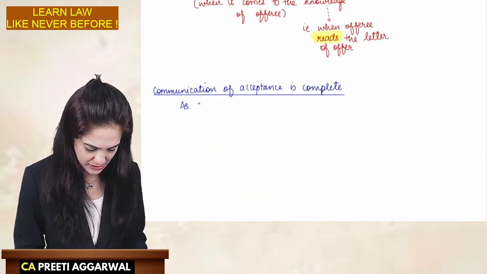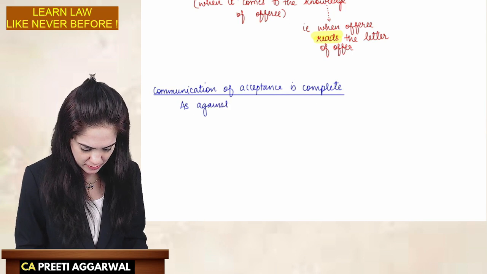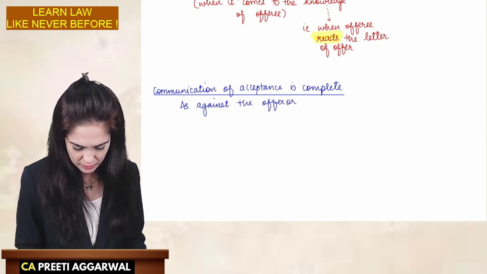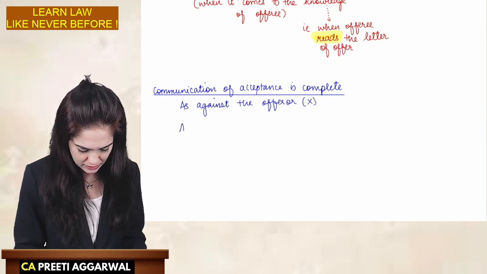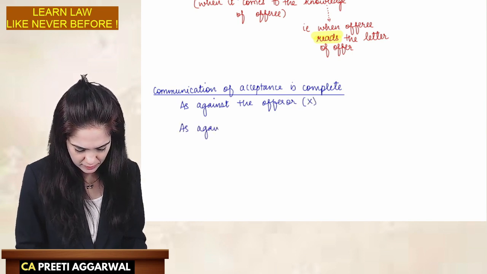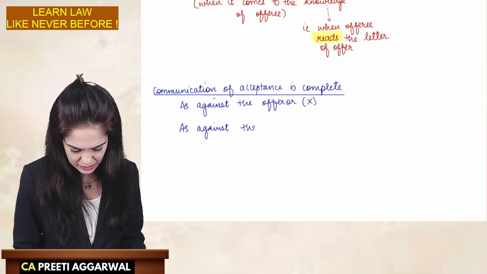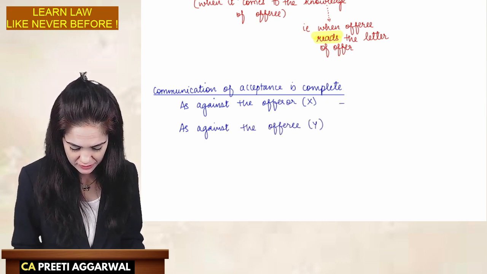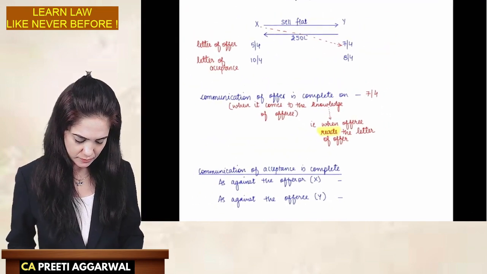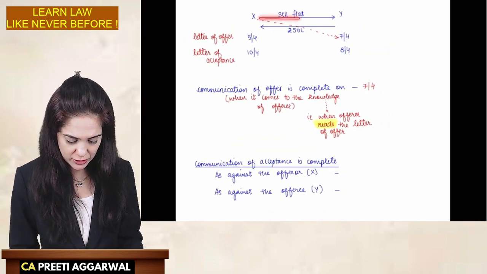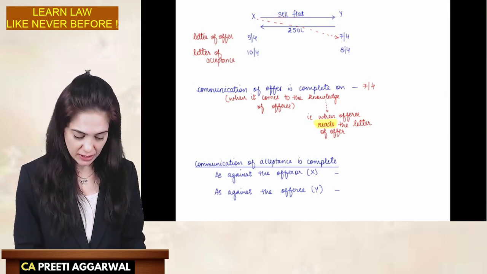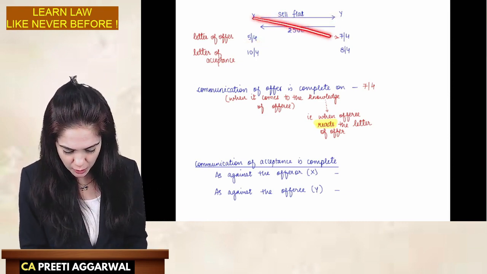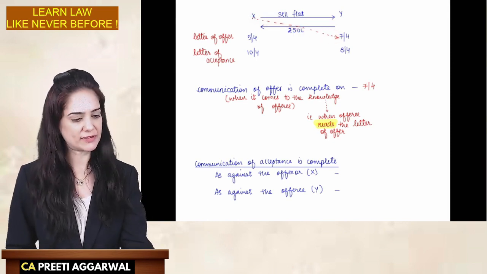Communication of acceptance as against the offerer and as against the offeree. Why two separate dates? I will discuss with you. Now, X offered to sell his flat to Y. He wrote a letter on 5th, posted it, and it reached Y on 7th. Y read it on 7th.